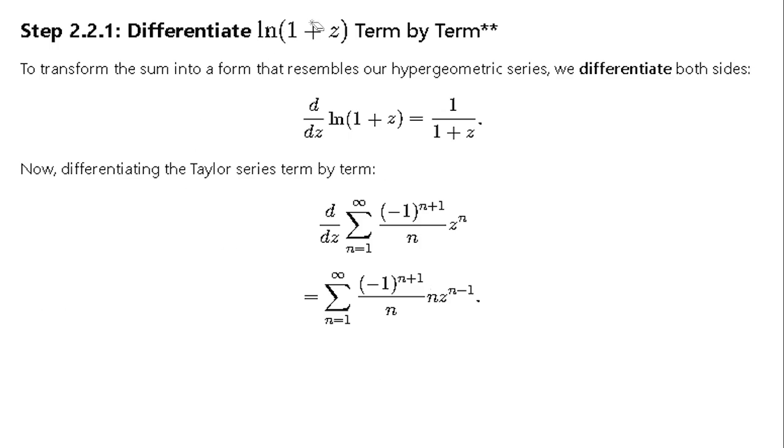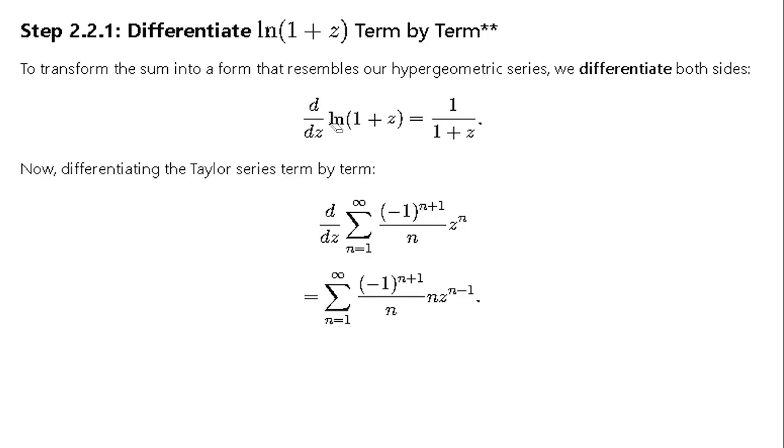So let's now differentiate this one, because when you differentiate, you're going minus 1, backwards. We differentiate the one that has n starting from 1, so that it goes back to n equals 0. So we differentiate the logarithmic function term by term. To transform it into the resemblance of the hypergeometric series, we differentiate both sides.